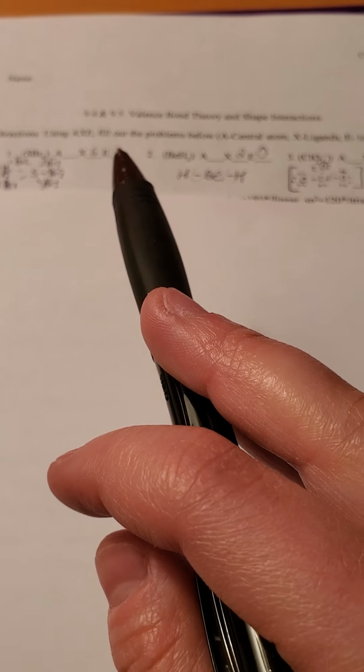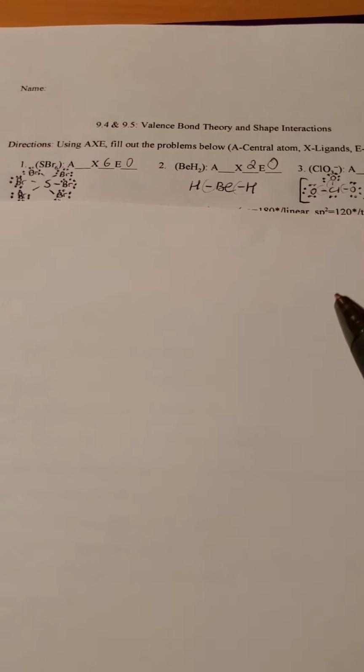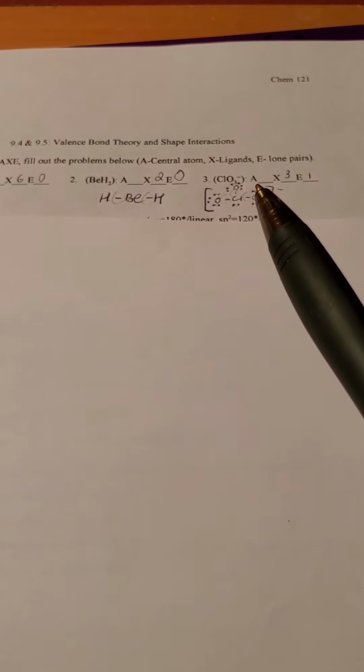So let's get started. The first set of directions is using an AXE type of model. The A is the central atom, X is the ligands, which we know are just atoms connected to another atom, mainly the central atom, and E is lone pairs. If you're looking here, we know Lewis dot structures, I pray.